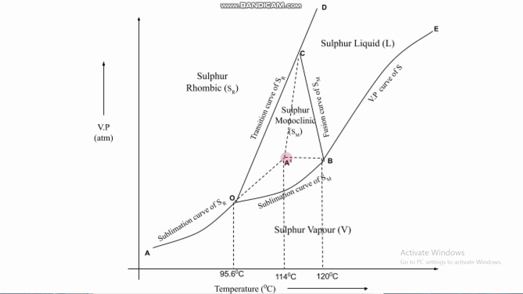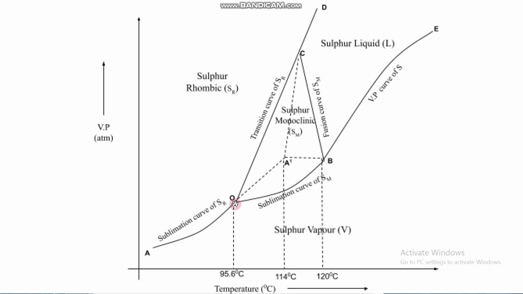And the last part of this sulfur system is metastable equilibrium. Along the AO curve, with a slow increase in temperature, at 95.6 degrees Celsius sulfur rhombic is converted to sulfur monoclinic. This is a natural slow process.